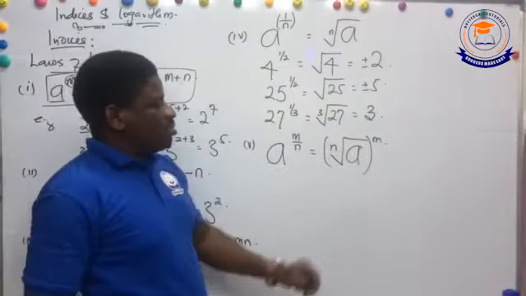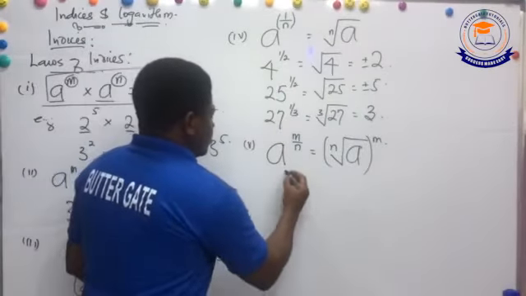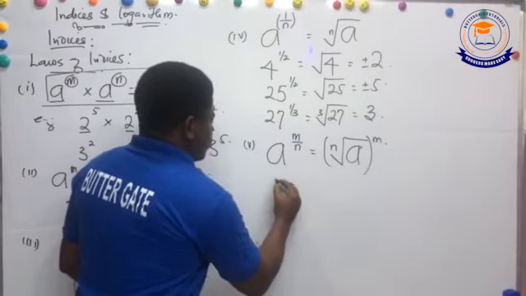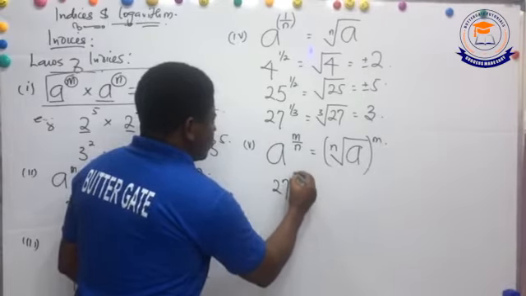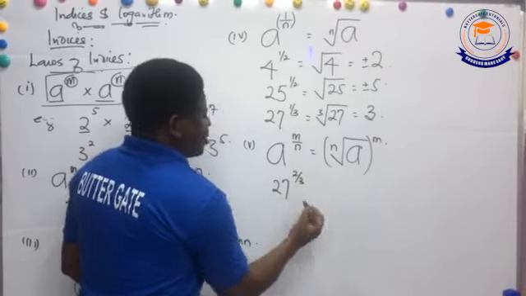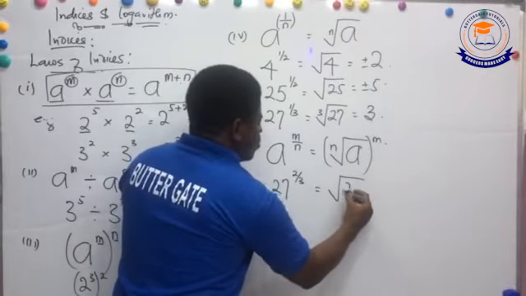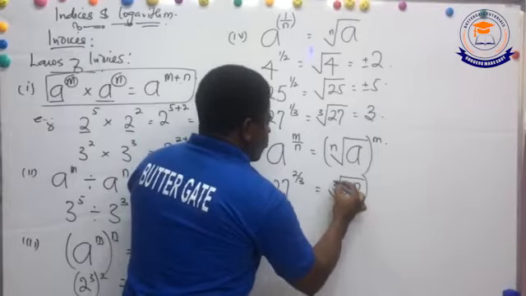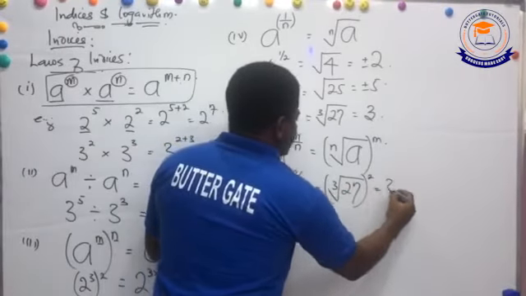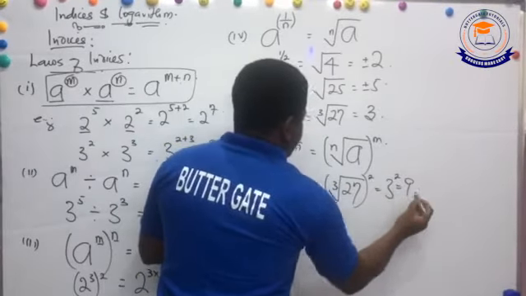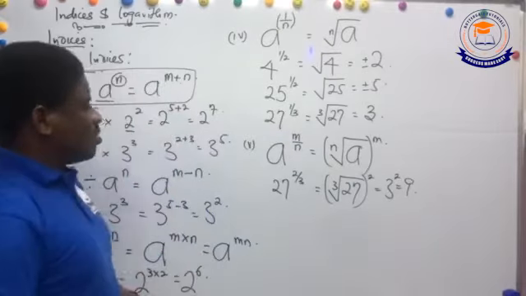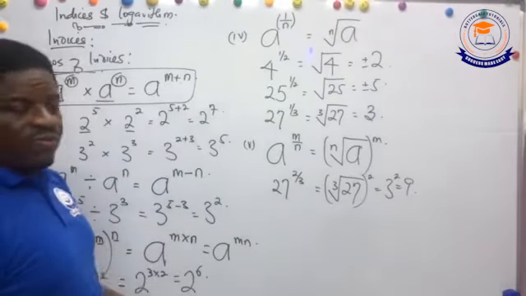This can be synonymous to, for example, if you are given 27 raised to the power of 2 over 3, what this is saying is the cube root of 27 to the power of 2, which is 3 raised to the power of 2, which is 9. This is the fifth law.